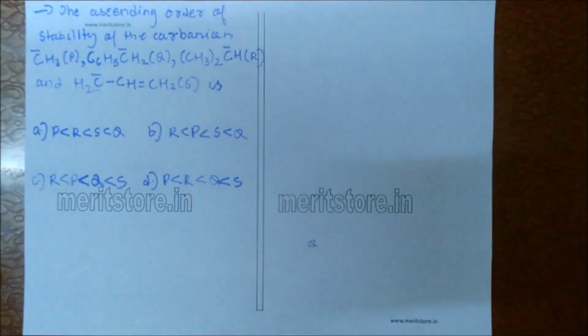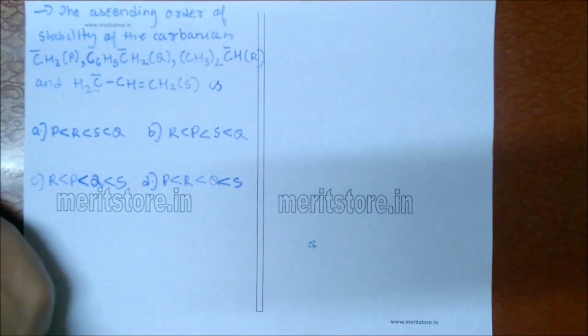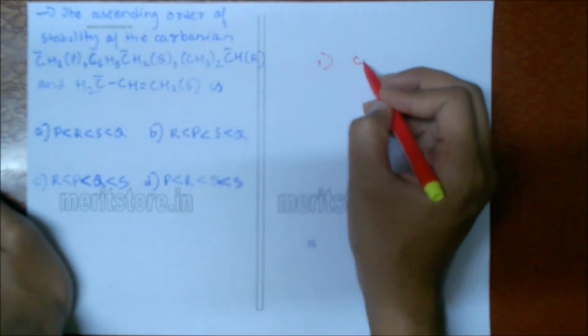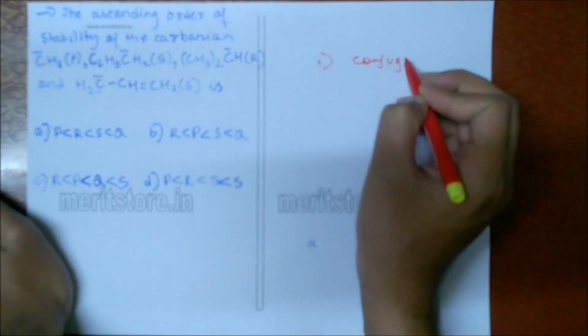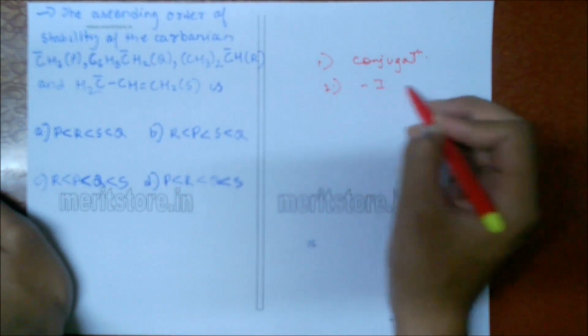The ascending order of stability of carbanion is: stability of carbanion is enhanced by 1, presence of conjugation, 2, presence of minus I effect.